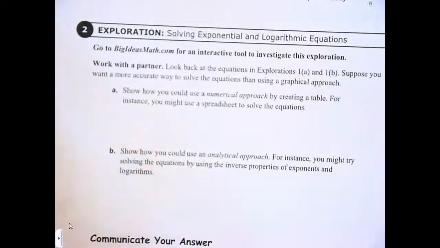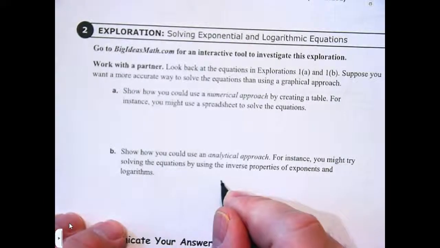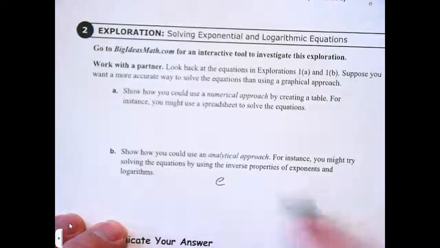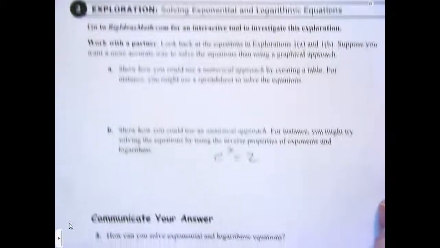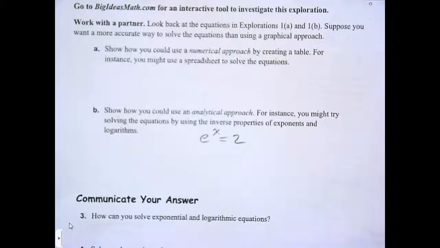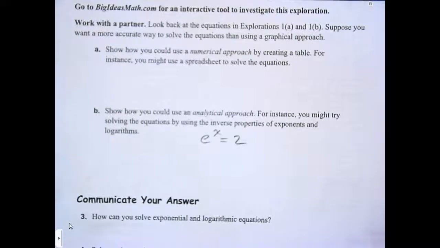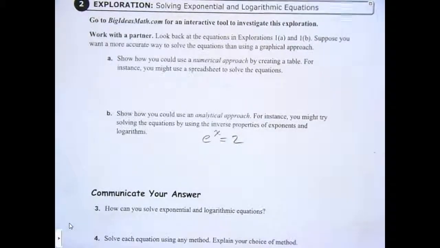Okay, an analytical approach would mean actually solving using inverse operations. So how would I solve that using inverse operations? Okay, now the rule you need to remember is if you cannot solve it as an exponent in exponential form, then write it as a log.